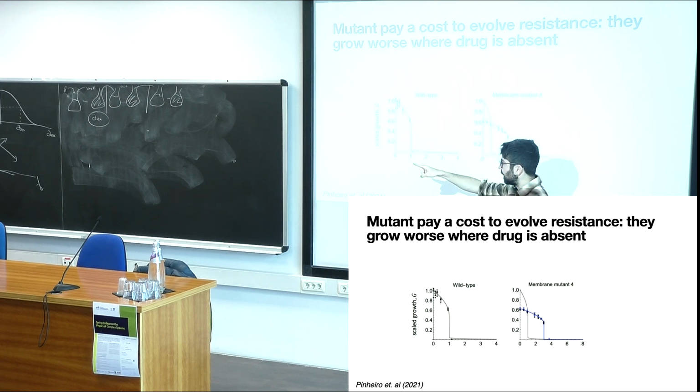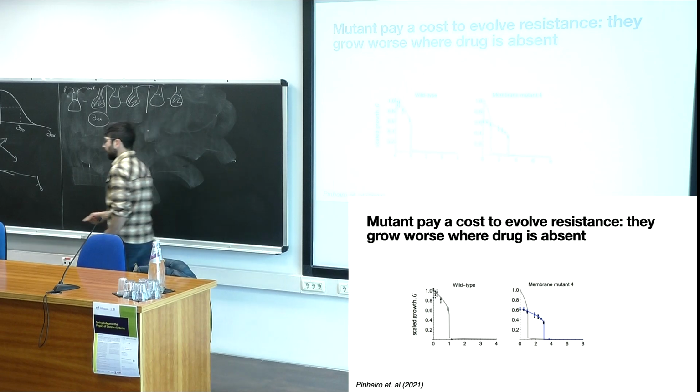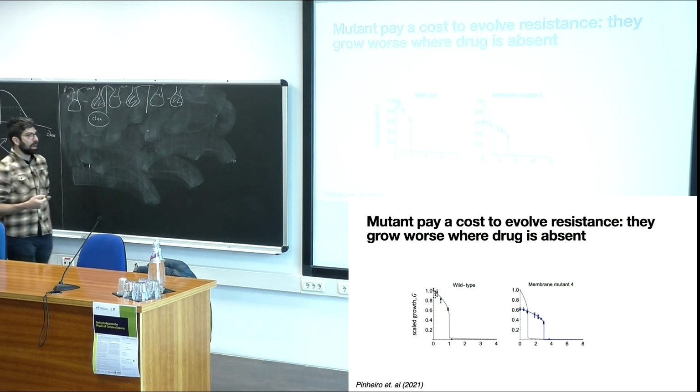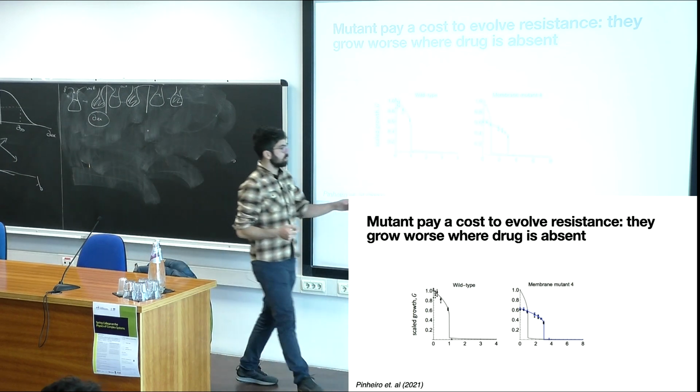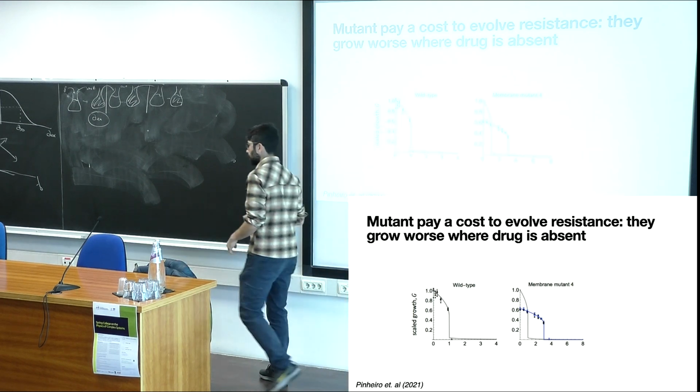The x-axis is the external concentration of antibiotics, the antibiotic concentration. Okay? So this is one mutant. You can repeat it for many experiments, and I'm going to show many experiments, and what differs between these experiments is that they were performed at different concentrations of antibiotics, right? So you can expose the bugs to different concentrations of antibiotics.